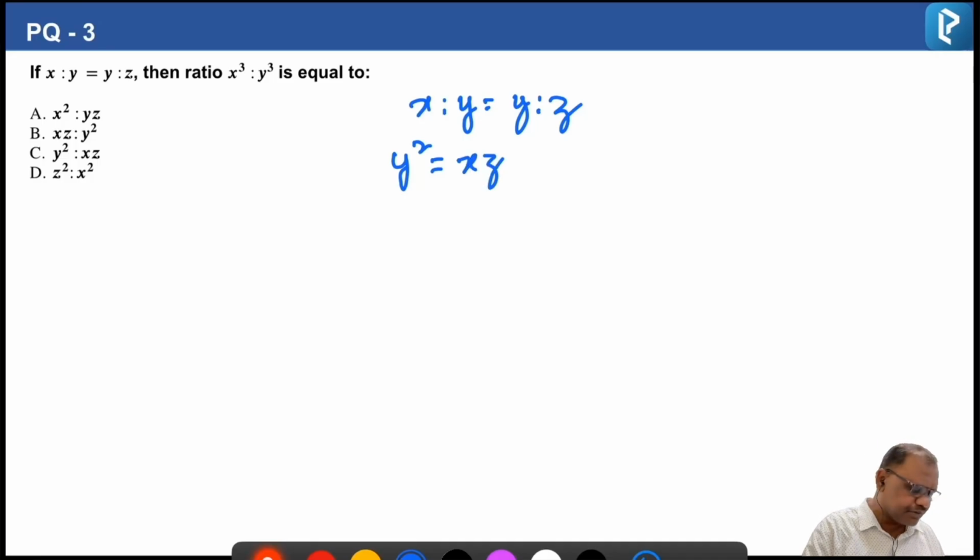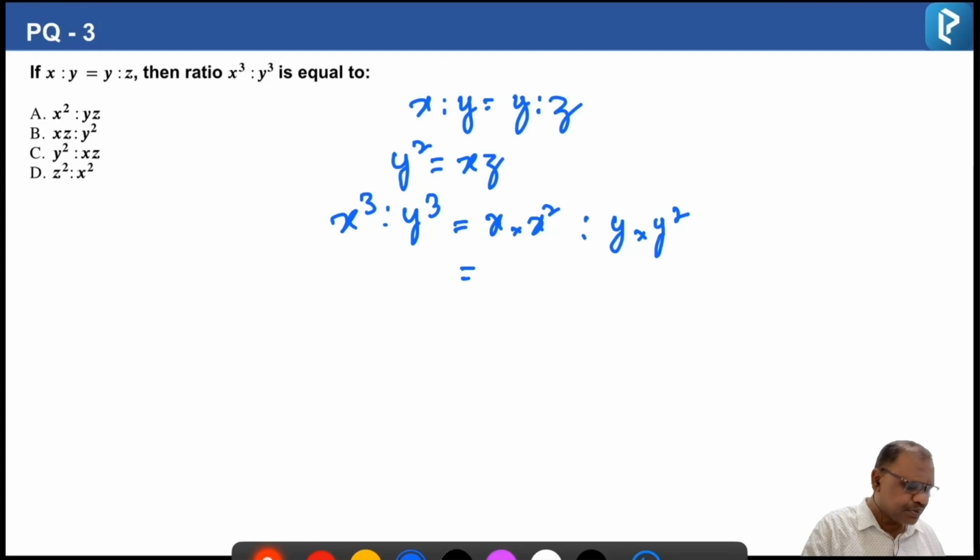Now we have to find out X cube is to Y cube. X cube can be written as X times X square. Similarly, Y cube can be written as Y times Y square. We know the value of Y square, which we found out is XZ.